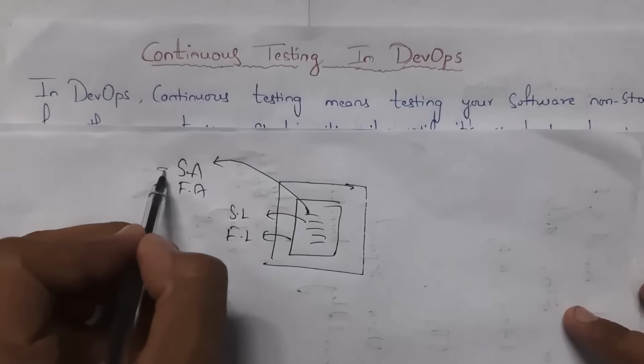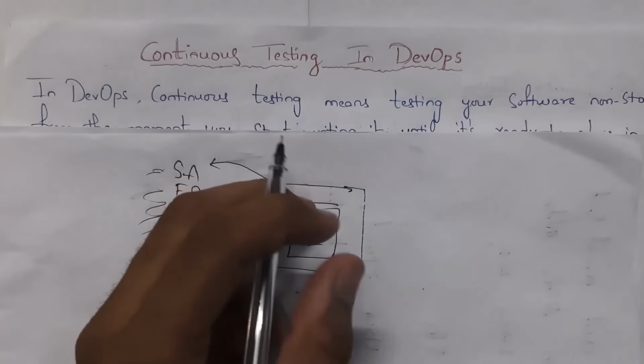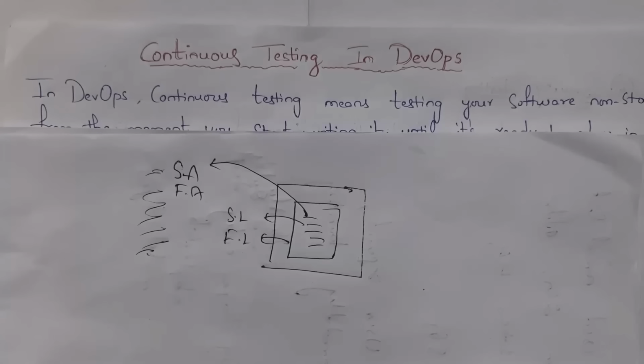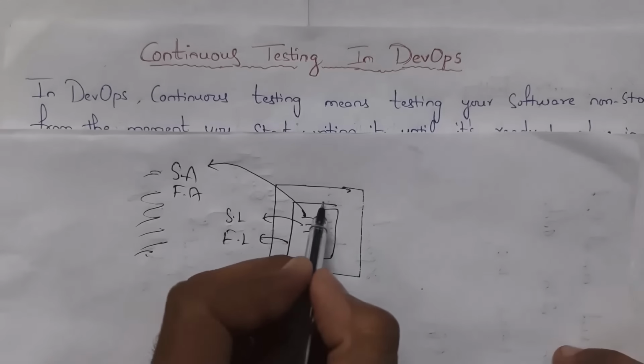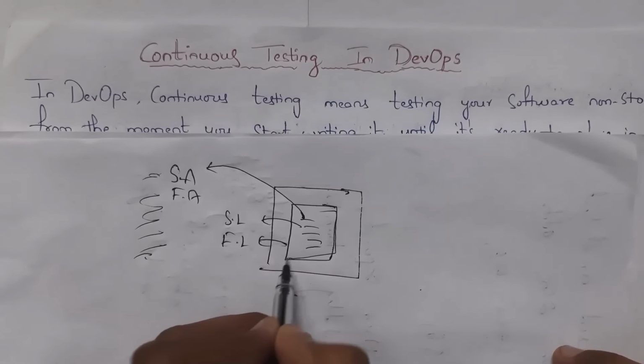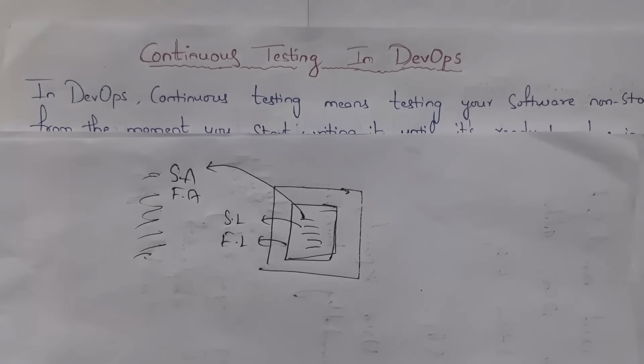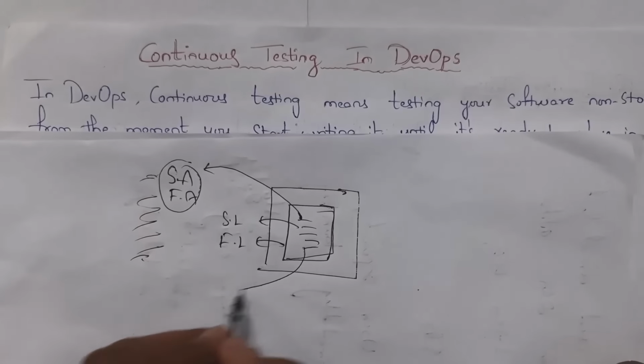So again I wrote code for this. So whenever you make any changes in the software, again you need to perform various kinds of testings. So in DevOps, continuous testing is nothing but whenever you perform any changes to existing software, automatically by using various kinds of testing tools, testings are performed. So for these two features, again testing is performed.